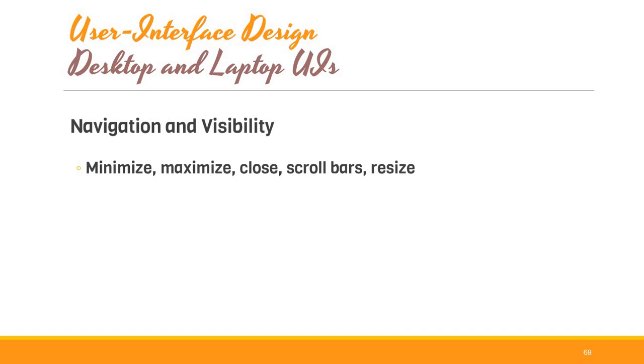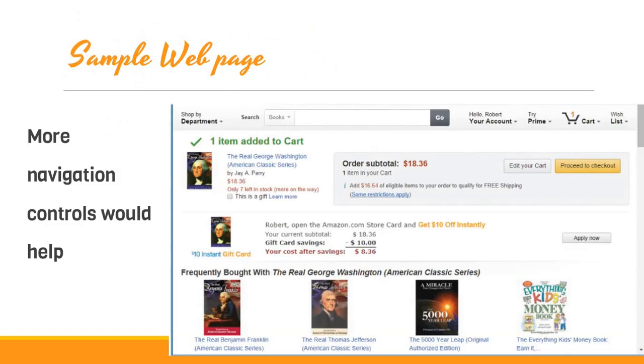So this is an example of a web-based application where an item was recently added to a shopping cart. Generally, this is a good design, well organized and easily understood. However, it is somewhat limited in its use of navigation buttons.